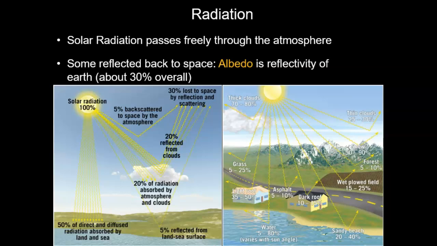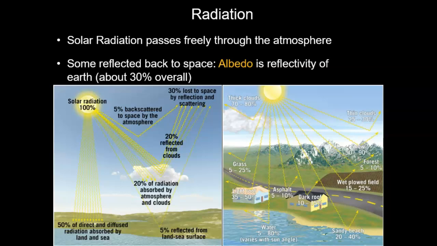And this reflection occurs from either the surface, and we'll talk about this in a bit, from the clouds, and from other atmospheric gases. So this property, which is the total radiation that can be reflected by a surface, is called the albedo.